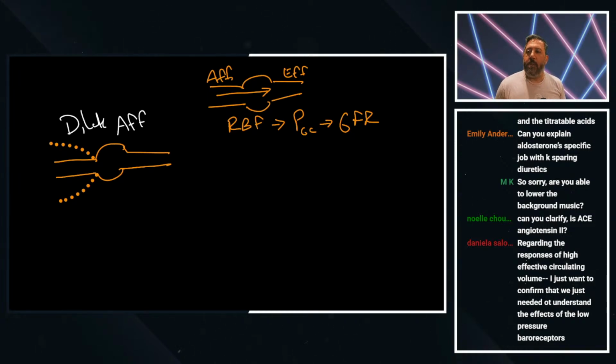What's going to happen to the renal blood flow in this situation? It's going to increase renal blood flow. More of it's going to be able to get in. We have more highway lanes open. More can get into the glomerular capillary, to the Bowman's capsule. That leads to increased hydrostatic pressure of the glomerular capillary, which leads to increased GFR.